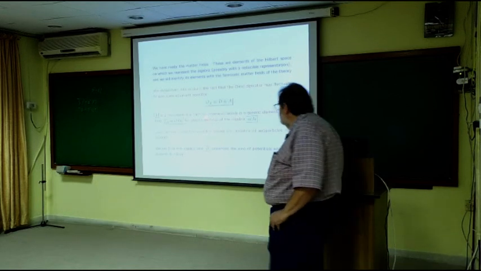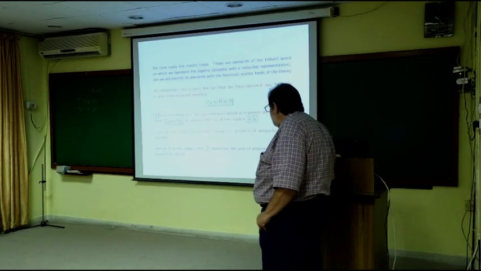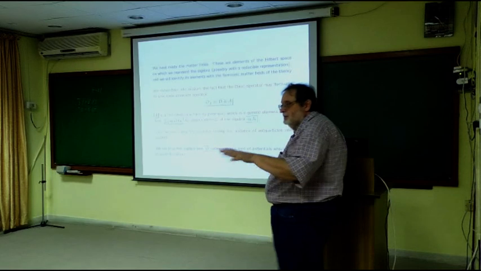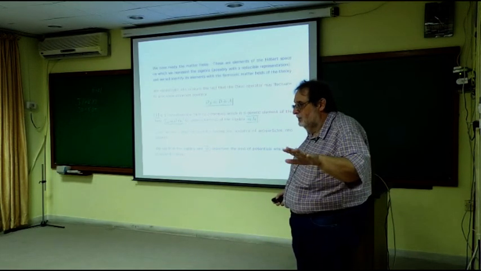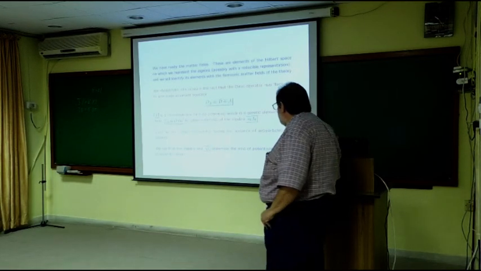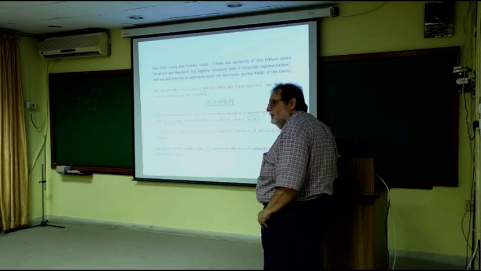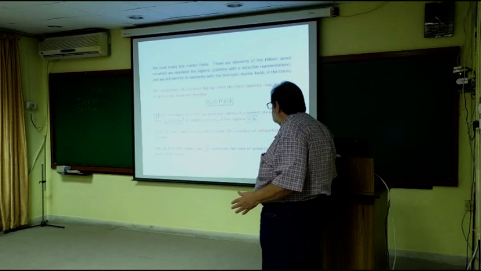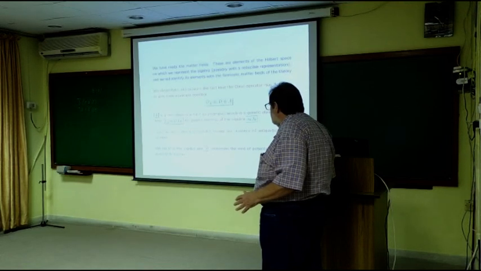In physics, I can choose whatever I want. But here, no. If I give you the Dirac operator, I know what interactions there are. If I give you the Dirac operator and the elements of the algebra.